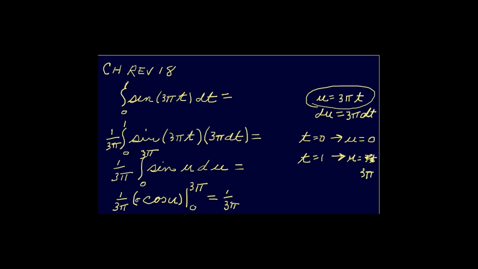And I now have the cosine of 3 pi, which is negative 1, but I've got negative, negative 1, which is 1, minus the negative cosine of 0. Cosine of 0 is 1. The negative cosine then would be negative 1. And so this ends up with a value of 2. 1 minus negative 1 is 2. 2 times 1 over 3 pi is 2 over 3 pi. And that's the answer to our problem.